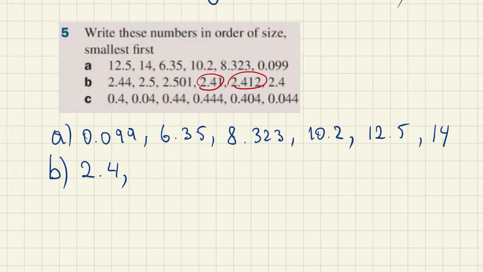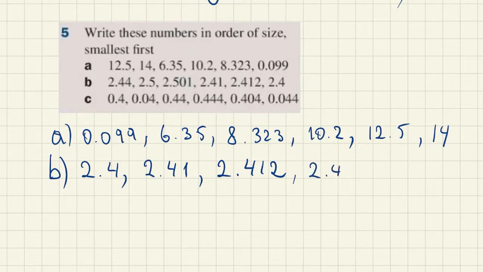So next one in the list is 2.41. Then we have 2.412. Then we have our last thing, which has 0.4, which is 2.44. We can write it here. And then we get to 5s, right? 2.5 and 2.501.